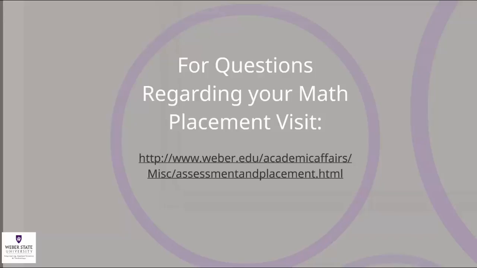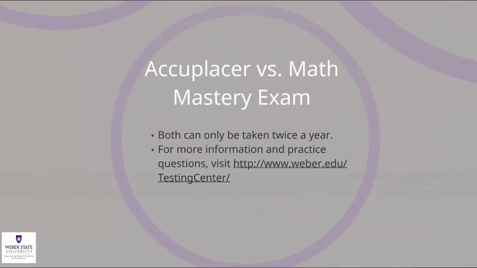Now, let's talk more about the AccuPlacer and Math Mastery exams. Information regarding either of these exams can be found at the Testing Center website. It is important to know that you can only take the AccuPlacer and the Math Mastery exam twice in a calendar year, but you can take it at any time in the math sequence.